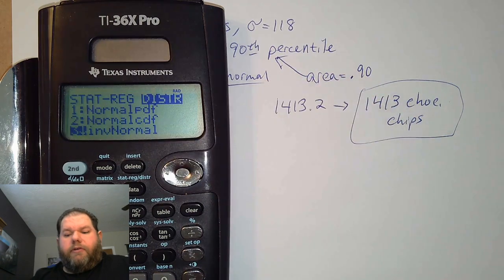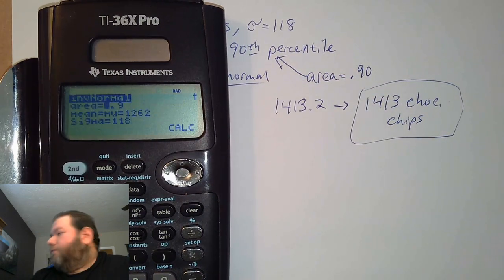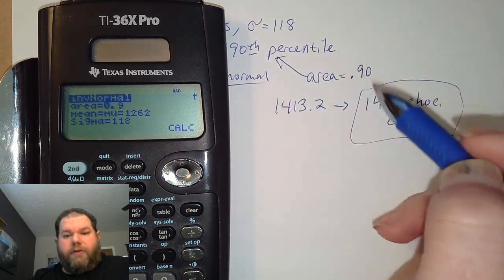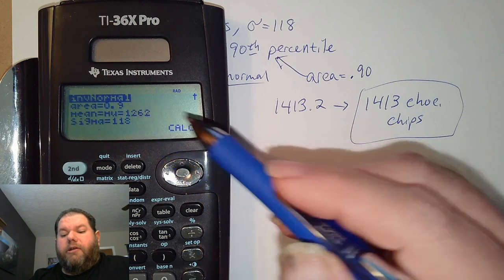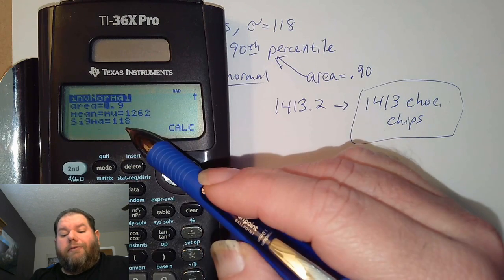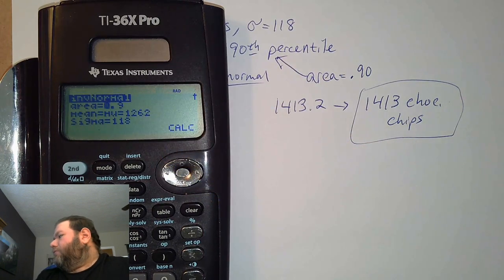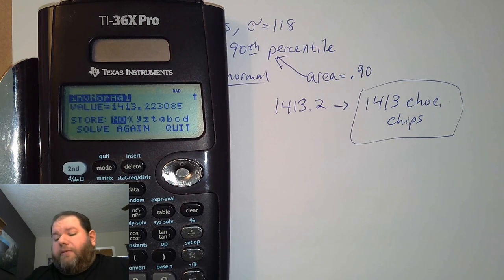This time we use inverse normal for this problem. Now again, we said our area is 0.90 for the 90th percentile, so we entered 0.9. And we entered our mean and standard deviation as they're given in the question. And then we just press enter, go to calc, and there's our answer.